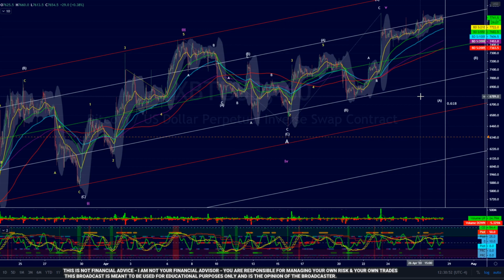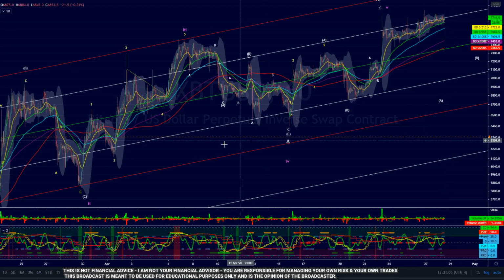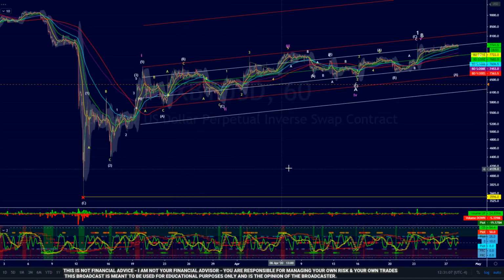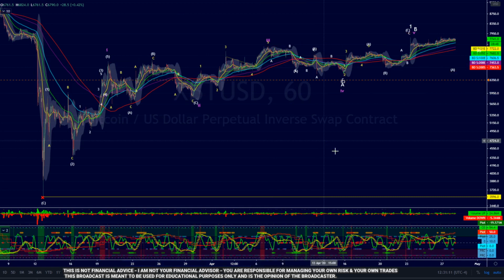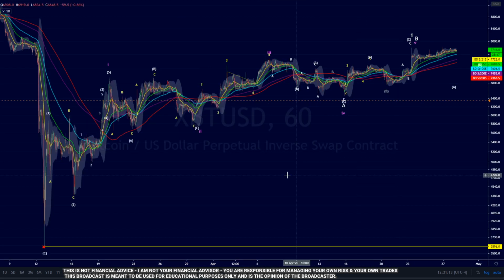I'm not so sure that I'm ready to say that this is complete and we're going to start moving down, but it looks like we are getting ready for a move to the downside. So I'm going to remove this fib time extension here. I hate to do it, but I really want to blow away a lot of the chart here, because now that we've had some time to see this, I'm going to remove some of the subdivision that I've got here.